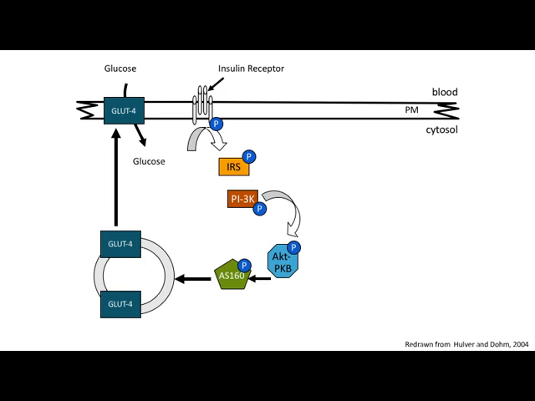Insulin binds the receptor, causes phosphorylation of the receptor, which initiates a cascade of phosphorylation to turn on the downstream enzymes. Ultimately, somehow the signal is sent for glucose transporters that are stored in the cell to move to the membrane, and then when they are at the membrane in contact with that circulating glucose, they will take it up to be stored within the cell.